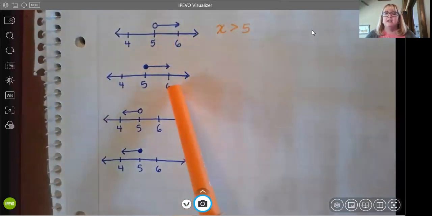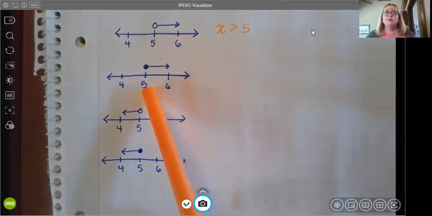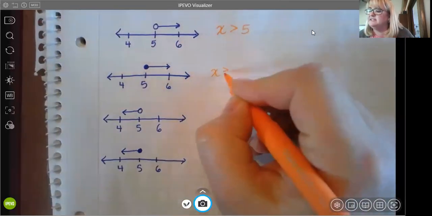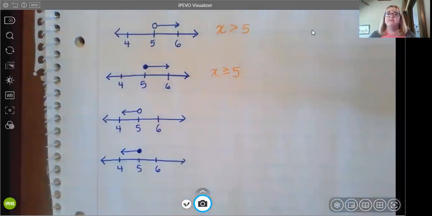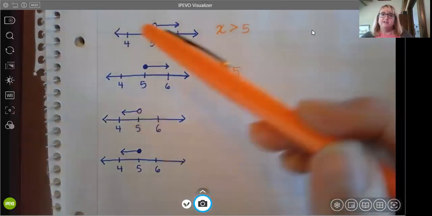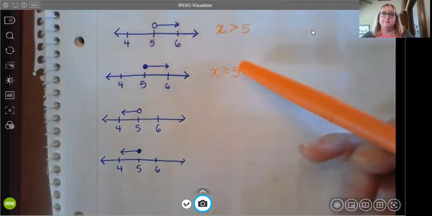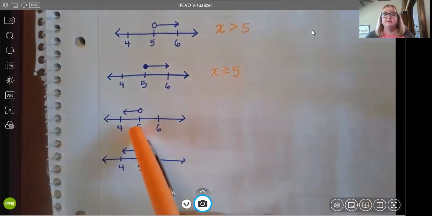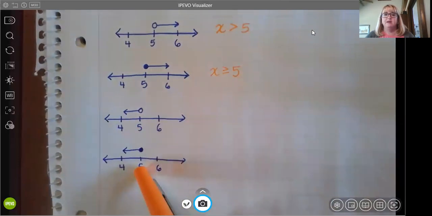All right, this one, x is greater than or equal to 5. So this is the picture of x is greater than or equal to 5. Hopefully you can see the difference here. And using that knowledge, can you predict this one and this one?